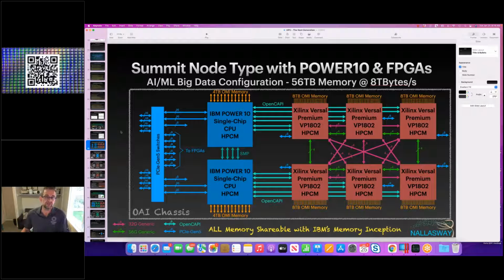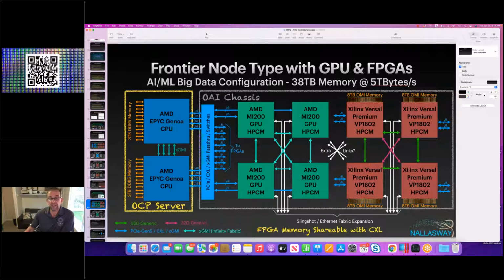So this was a recreation of the Summit node, but with FPGAs instead of GPUs, and using IBM's Power 10 instead of Power 9. And then this one down here was the AMD, which is the new Frontier supercomputer that's just going online now. So this was to try and recreate the AMD architecture using an OAI chassis with an OCP server and some AMD MI200 modules and Xilinx FPGAs as well.